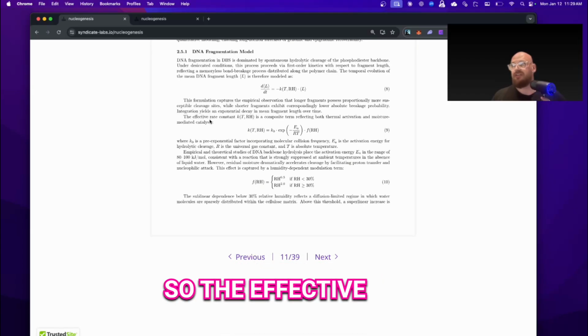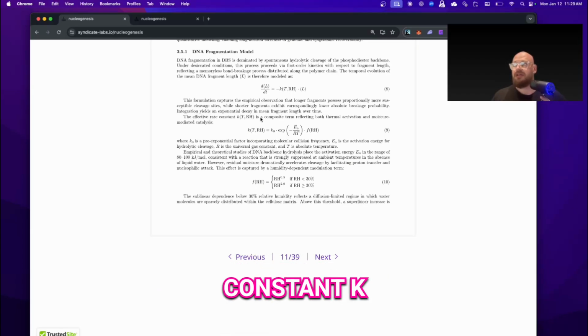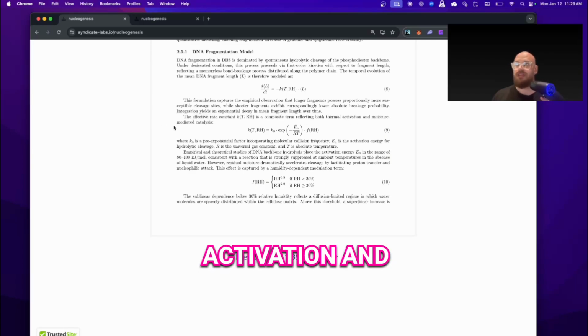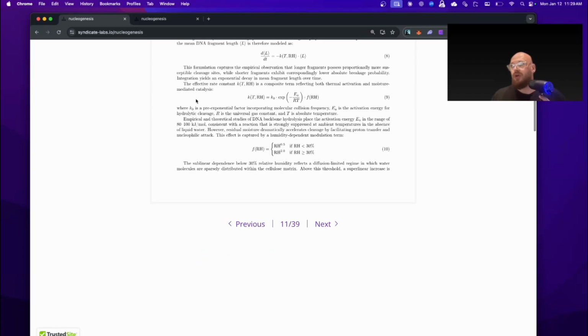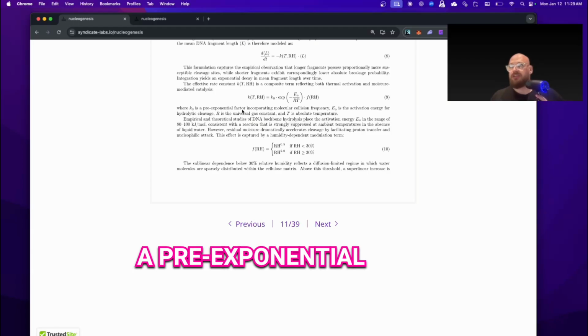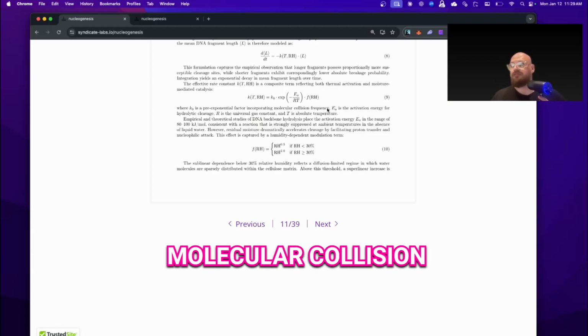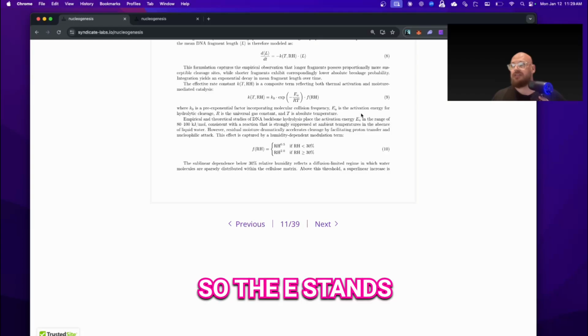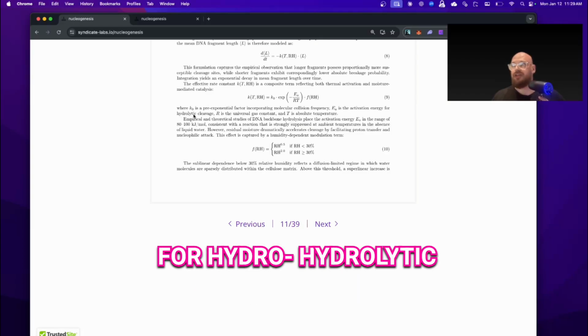The effective rate constant k is a composite term reflecting both thermal activation and moisture-mediated breakdown, which is right here, where k0 is a pre-exponential factor incorporating molecular collision frequency. This variable is the activation energy, so the Ea is the energy for hydrolytic cleavage.